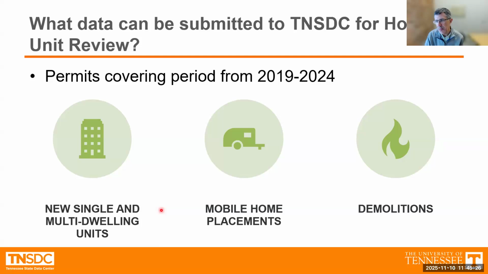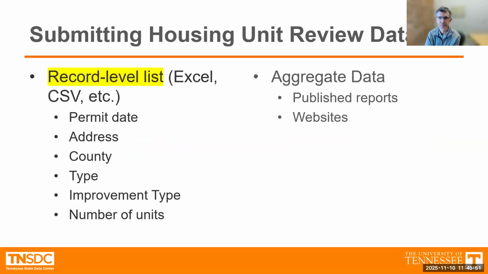The second you can report is the number of mobile home placements inside your community. The third is to report and correct the number of demolitions. So this information is automatically derived from other sources, but you can provide actual information to override the number of mobile home placements and demolitions in your community. So three types of data that can be submitted.